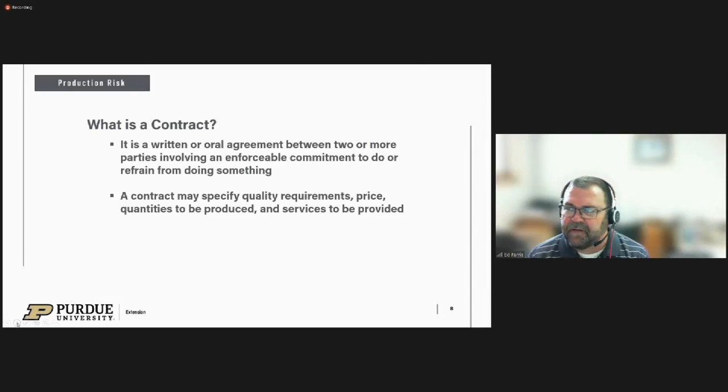I think about 40 years ago, when my family raised produce, we worked with a local broker, and there was nothing ever in writing, but we would deliver all the melons and tomatoes that we produced through that broker. So this was an unwritten contract.